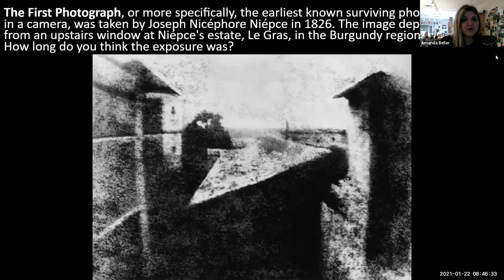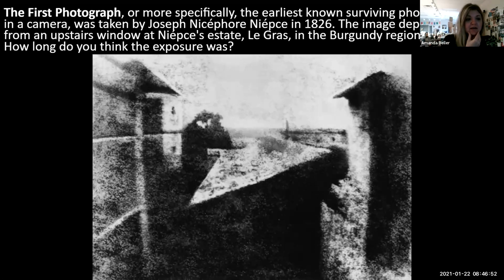This is the first known photograph. This was taken by Niépce, which is a really unusual name, but he is the guy who really figured out the light sensitive plate. So this was in 1826.